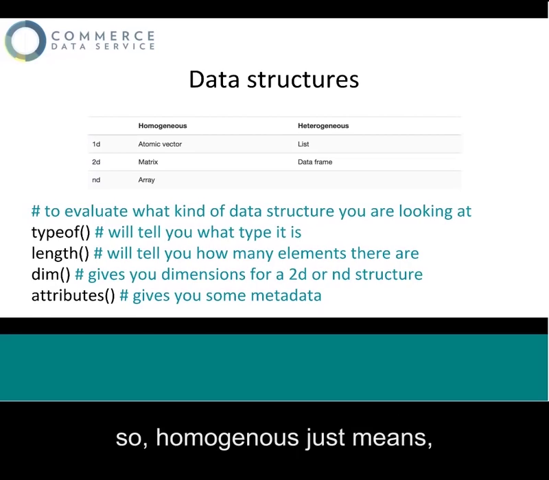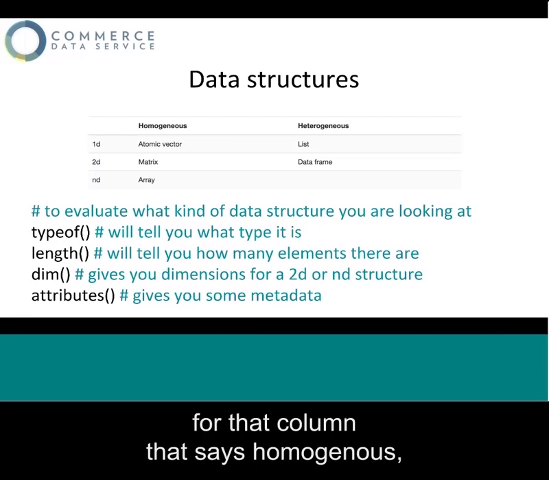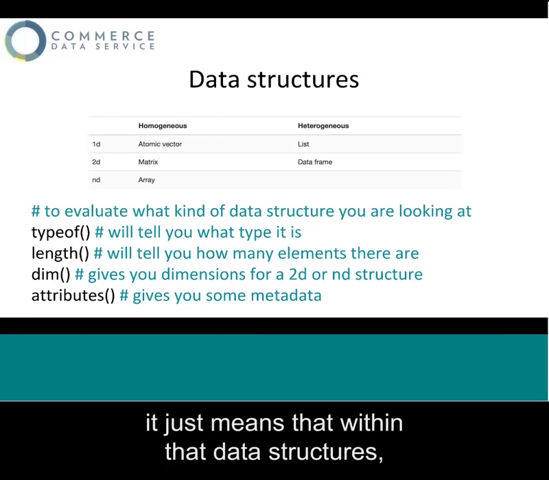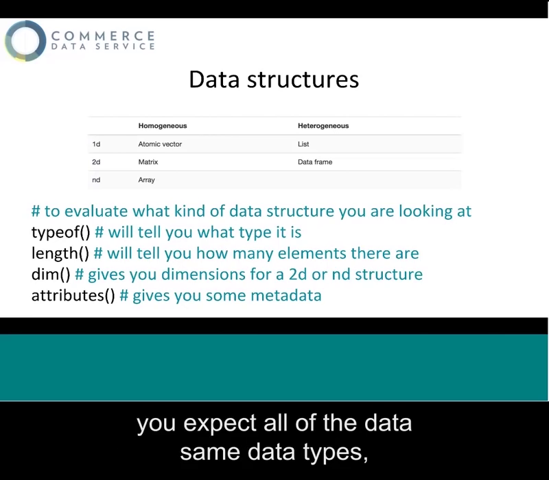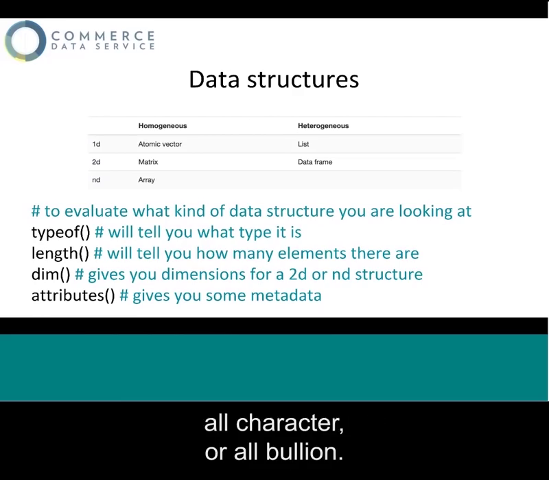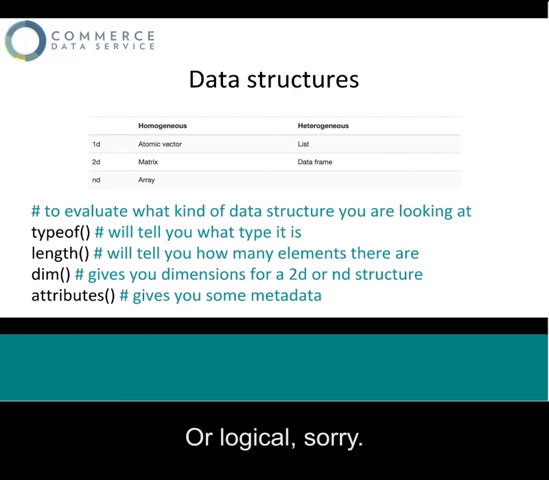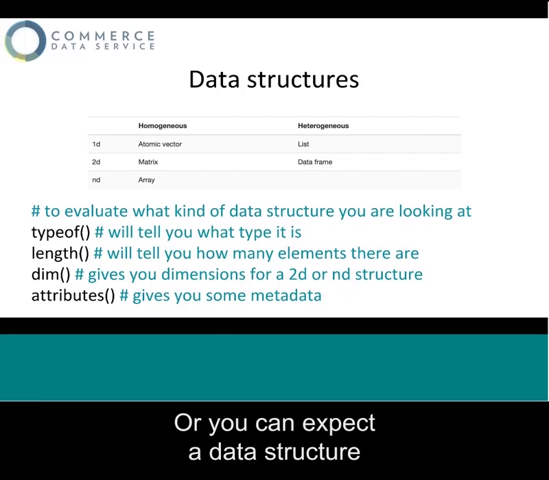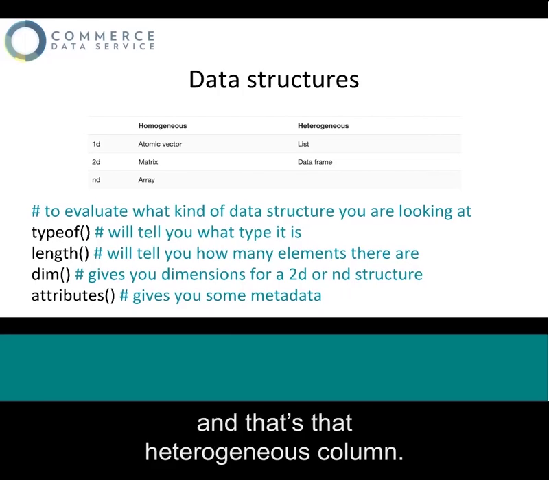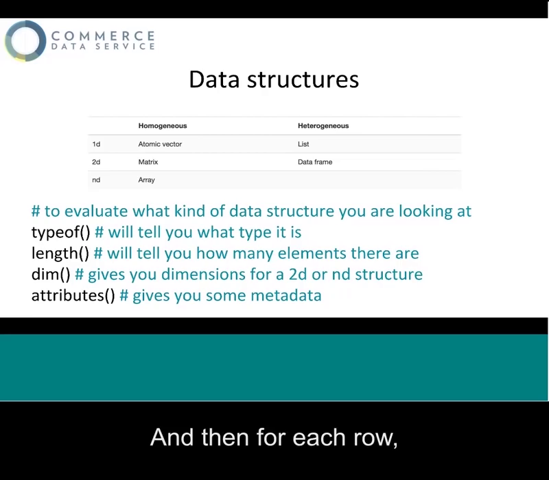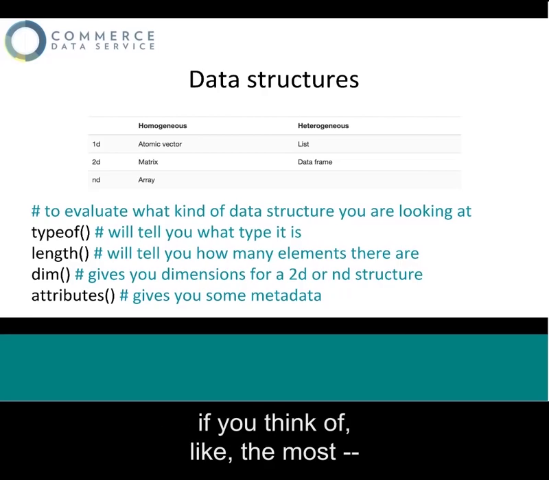Homogeneous just means that within that data structure, you expect all of the same data type, whether it's all numeric, all character, or all logical. Or you can expect a data structure that uses multiple types, and that's the heterogeneous column.